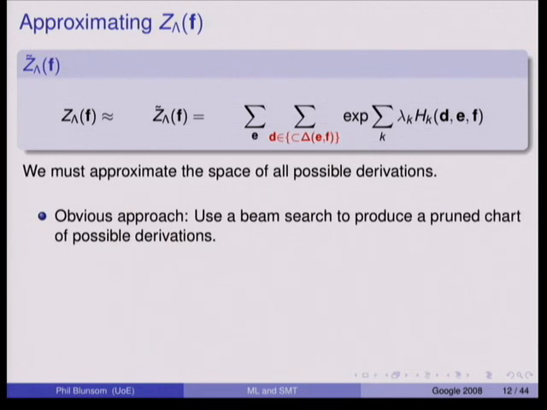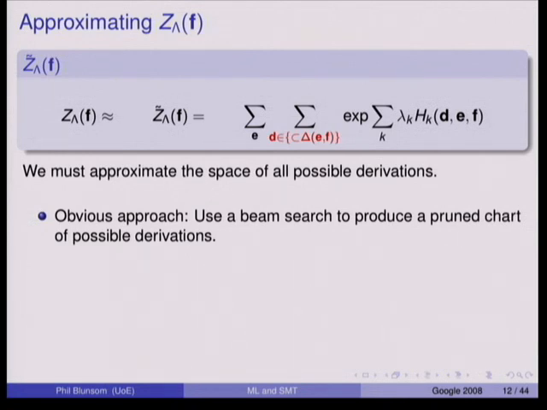But the problem with doing this is that by incorporating the non-local features, the dynamic programs become intractable. They're still polynomial, but they're a very high order polynomial in the length of the sentence, and thus we're going to have to approximate somehow.